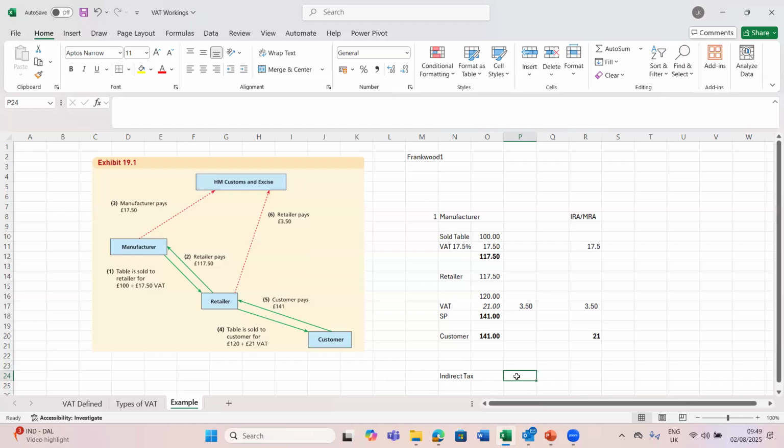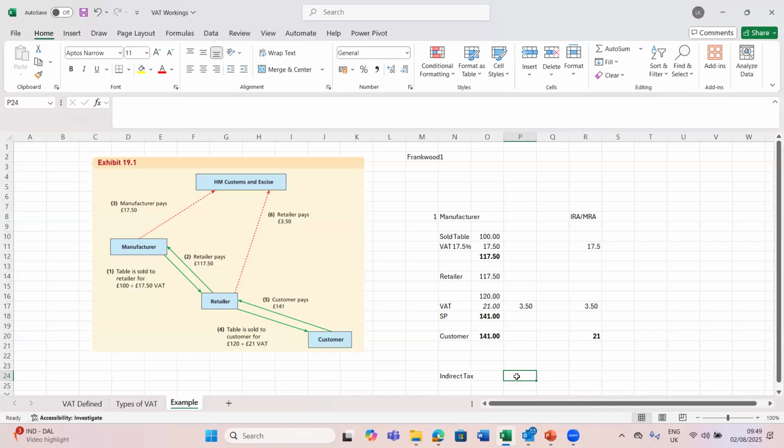The consumer does not know that they are paying tax. Of course, when I go to the supermarket, I receive the receipt. It shows the breakdown of how much tax I'm paying.